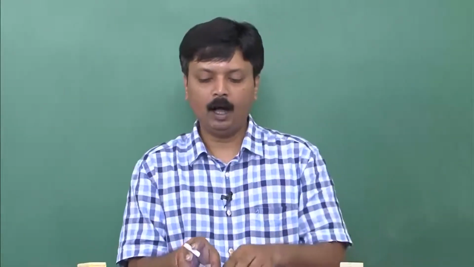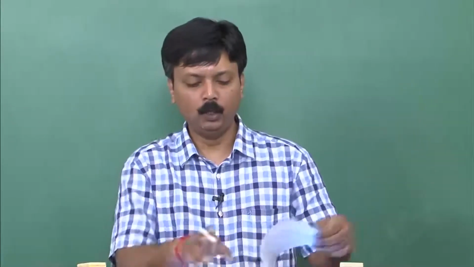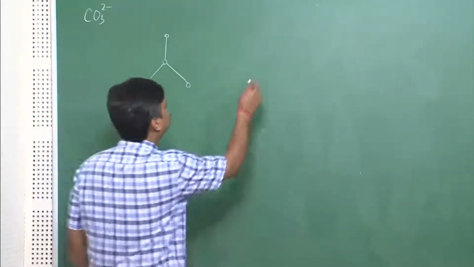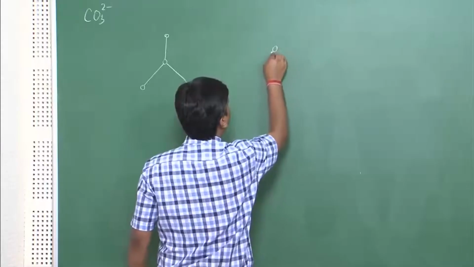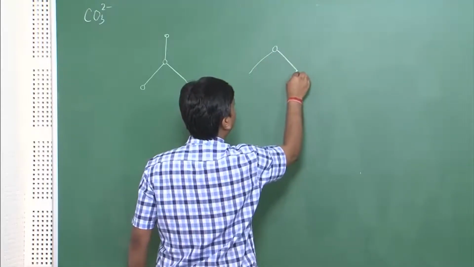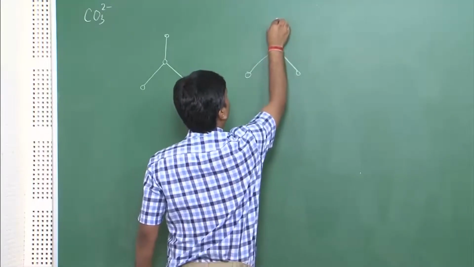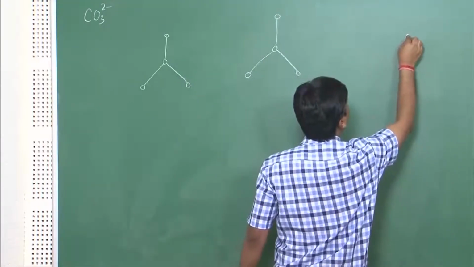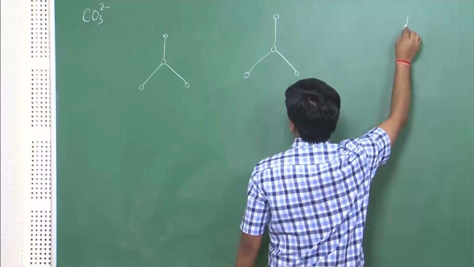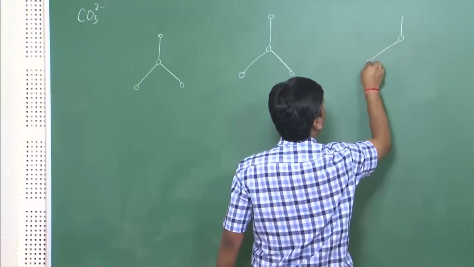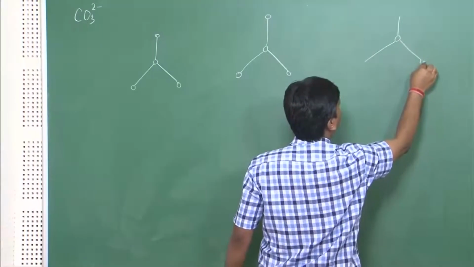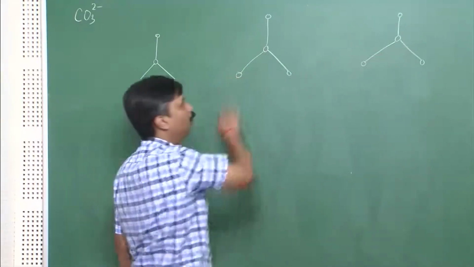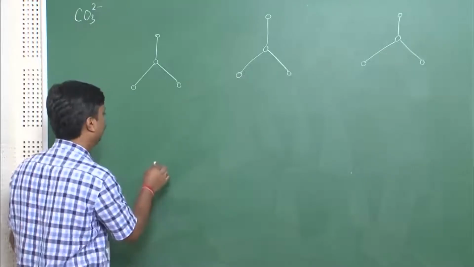So let's see how these normal modes actually look like. I'll first have 6 structures of carbonate ion, and then we will look at their normal modes. Okay. So take that all the bonds are actually identical.